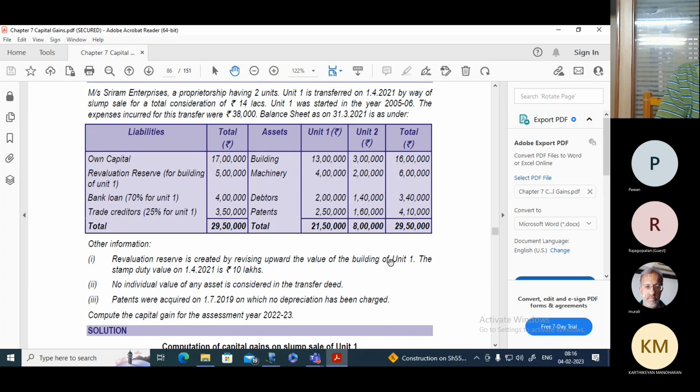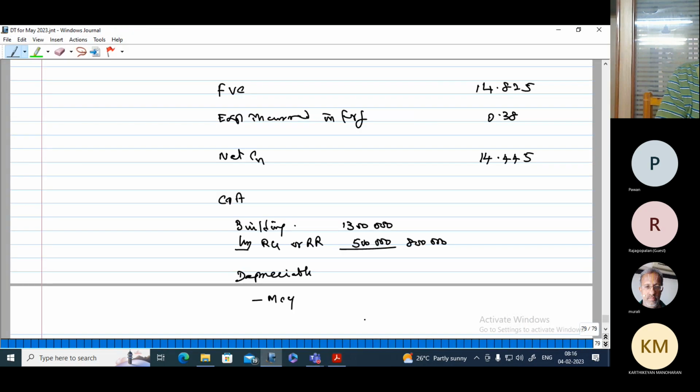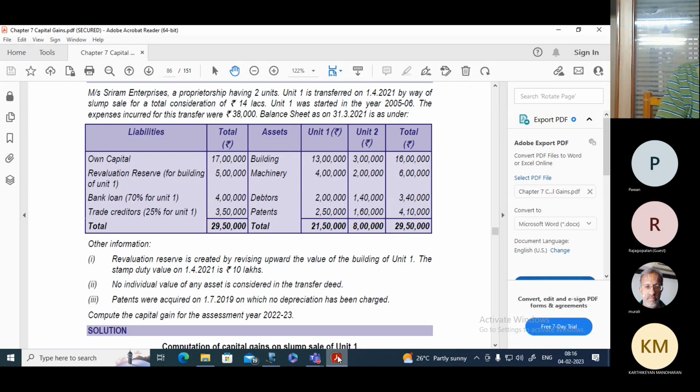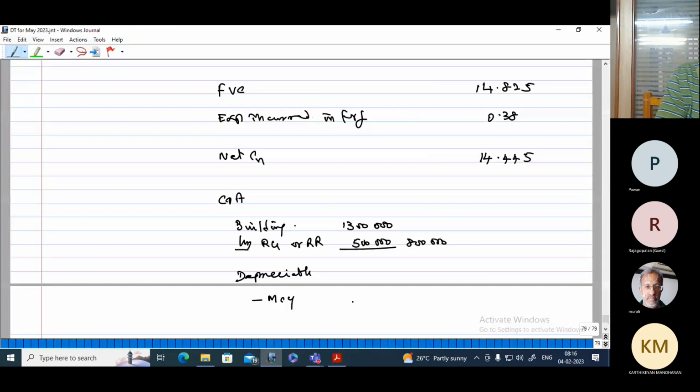As per the Income Tax Act, they have not mentioned when it was. The unit was started in 25-26. What was the cost? What depreciation? We will consider this machinery as per income tax and books as the same, because we don't have any other. So 4 lakhs.